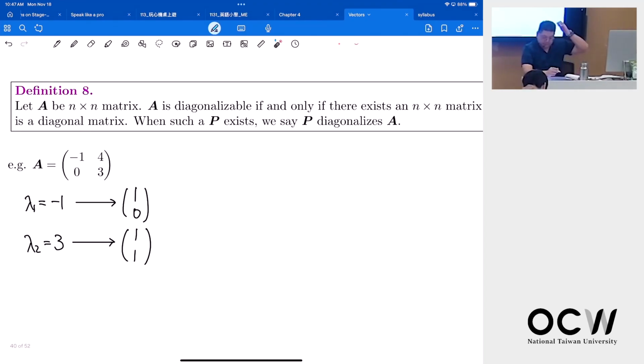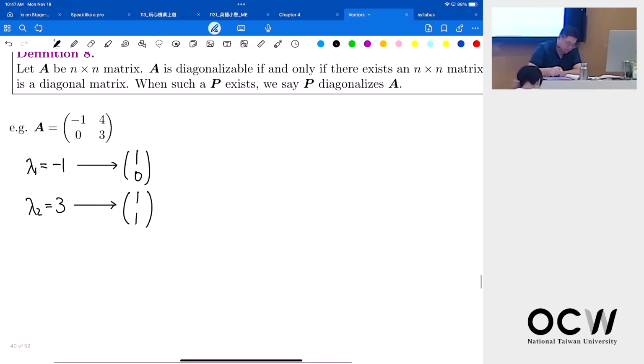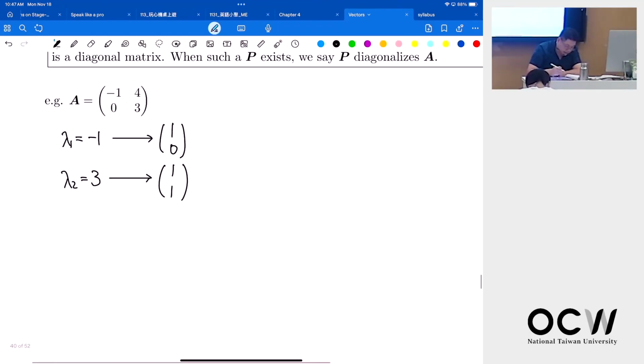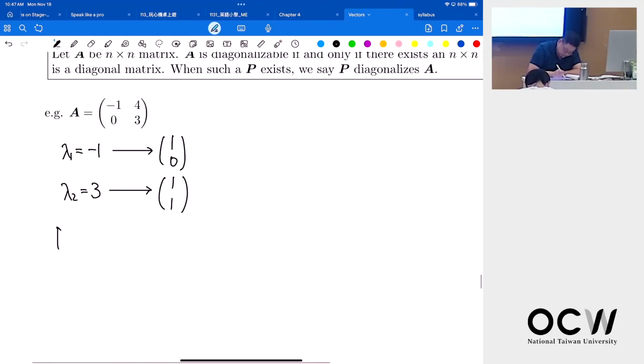Then we say P diagonalizes A. So now if I choose P as (1, 0, 1, 1), then what is the P inverse?